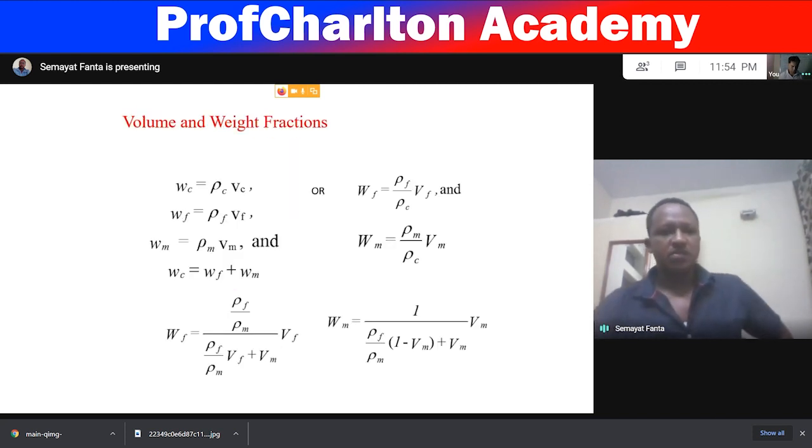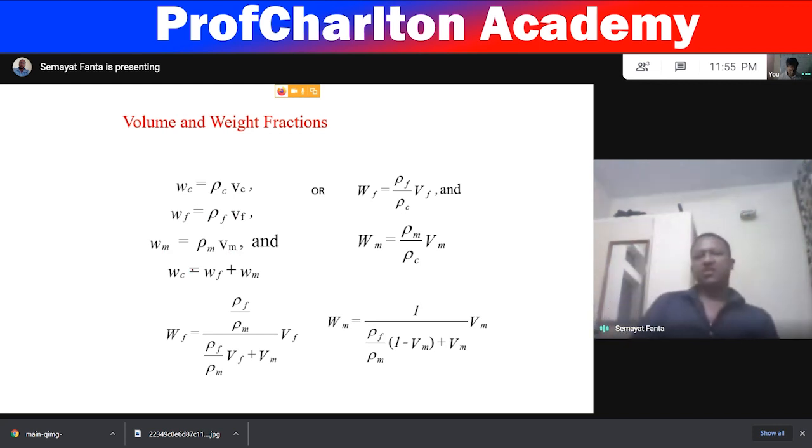So this is also how we can calculate the weight of composite. The weight of composite is equal to density of composite times volume of composite. So the total weight of the composite. So what is the weight of fiber? That is density of fiber times volume of fiber. And these are elementary definitions. We know this.